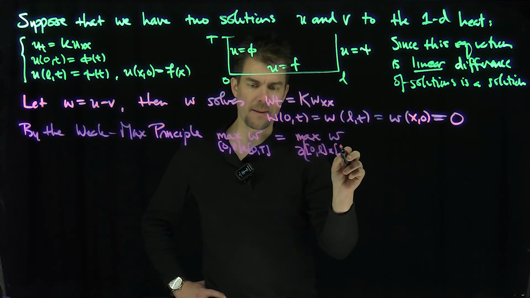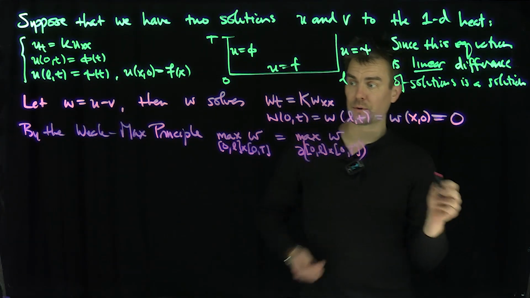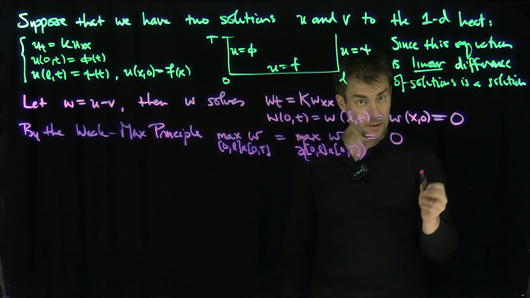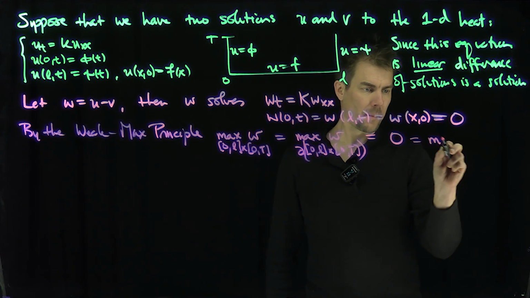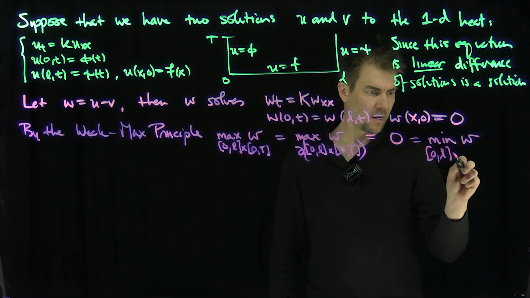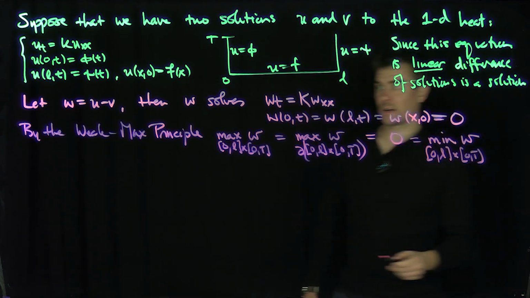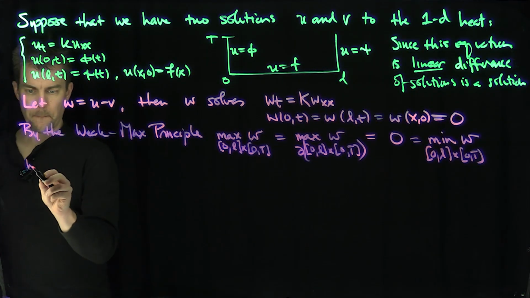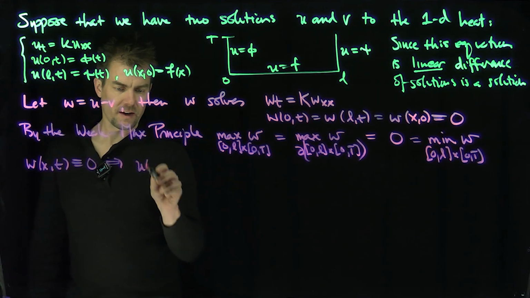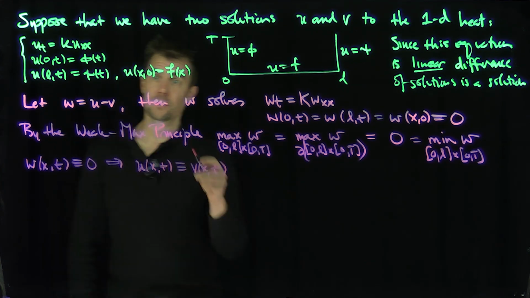We already proved that from the weak maximum principle. But the maximum on the boundary is equal to 0. So the maximum of w is equal to 0, and similarly the minimum of w, by the minimum principle on this region. And so that implies that w is identically 0. So w(x,t) is identically equal to 0, and therefore u(x,t) is identically equal to v(x,t), and therefore the solutions to this problem are unique.